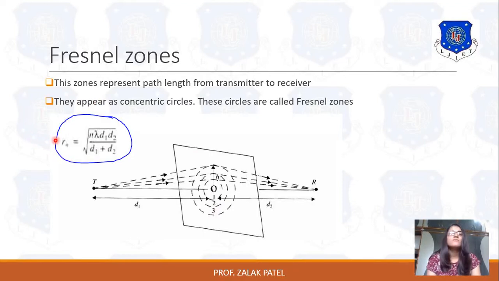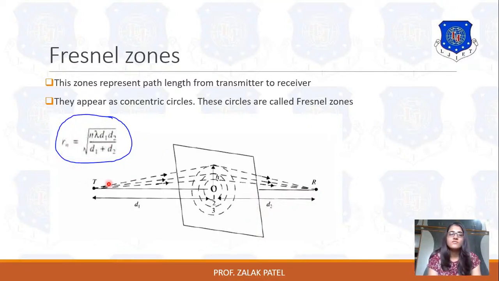Here Rn means the radius of the nth concentric circle, which is given by the square root of n lambda d1 d2 upon d1 plus d2, where n is the number of the circle. For the first circle, n is 1. For the second circle, n is 2, and accordingly lambda is the wavelength, d1 is the distance from the transmitter to the obstacle, and d2 is the distance from the receiver to the obstacle.